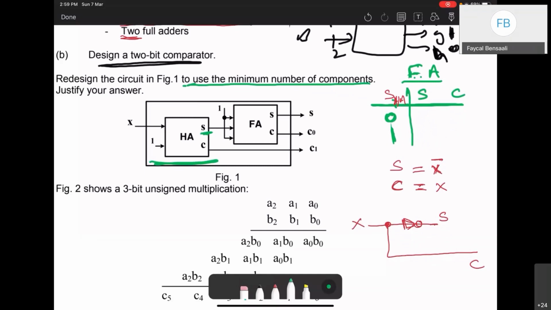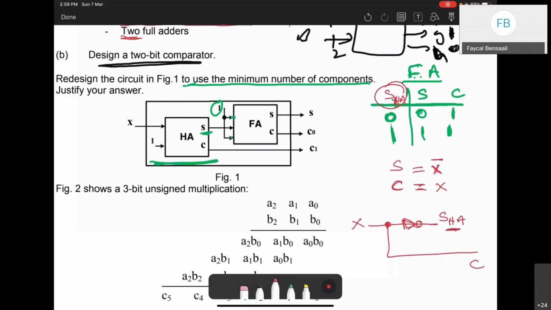So we will be adding 0 plus 1 plus 1, right? Because those two are 1, 1. So yes, you are right, we'll get sum 0 and the carry is 1. Now if S is 1, sum is 1, carry is 1. So this is the SHA that I'm using here, is this one.